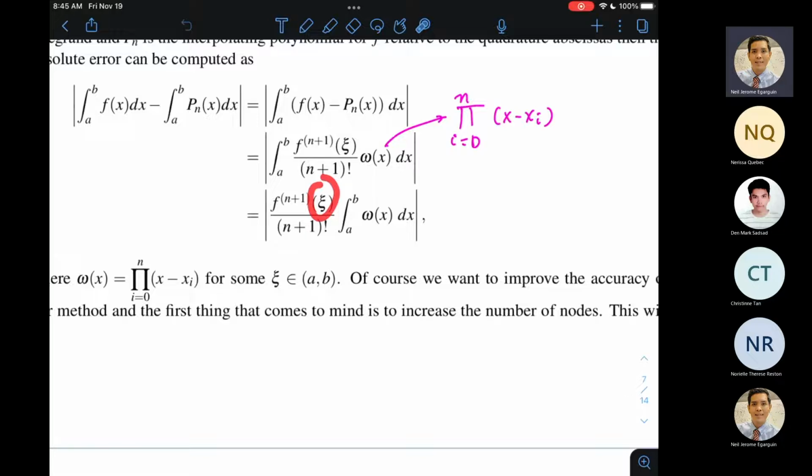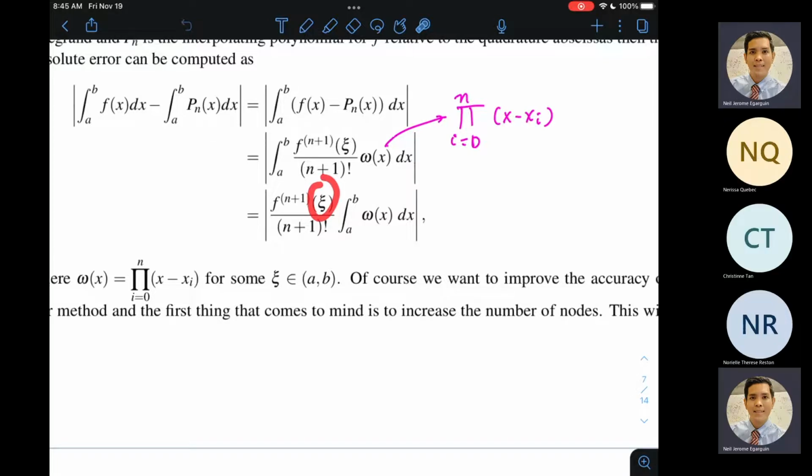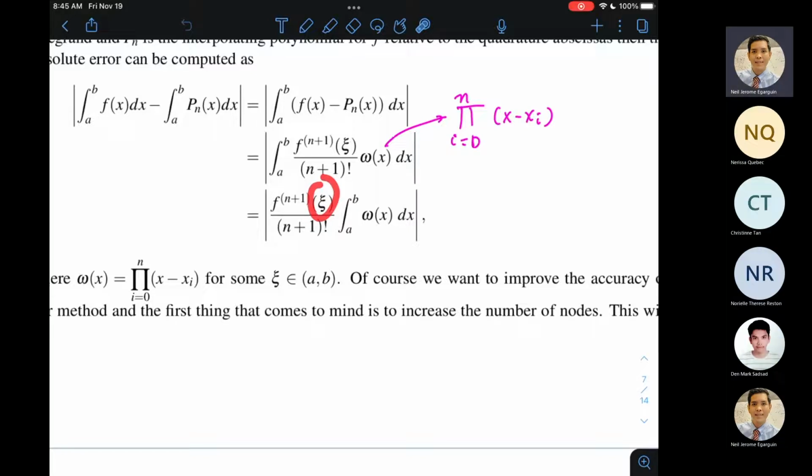So halimbawa, sa trapezoidal rule, ito yung error natin. So trapezoidal rule, remember n+1 is the number of points that we are using, right? So sa trapezoidal rule, dalawa yung ginagamit nating points. So ibig sabihin ng error para sa trapezoidal rule will be the second derivative evaluated at the number c all over 2 factorial, all right, times the integral of x minus a times x minus b dx from a to b. Okay?